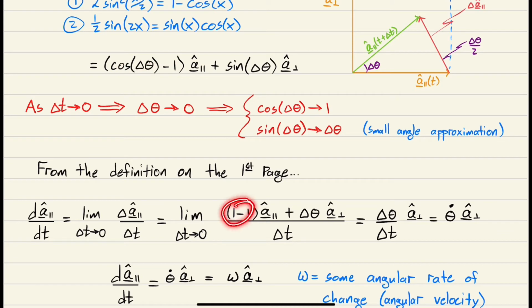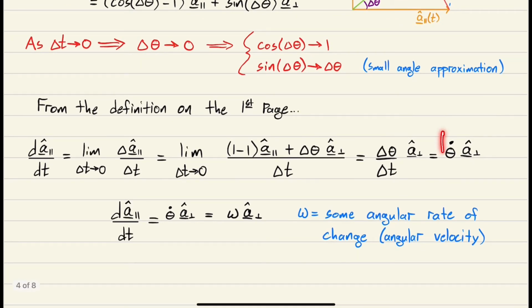So it's going to be 1 minus 1 in the a hat parallel, plus sine delta theta, which is going to approach delta theta, in the perpendicular direction, and that's going to be divided by our delta t. Now, what did we end up with here? Delta theta over delta t, right? Because this goes to 0, so all we're left with is delta theta. So delta theta over delta t, in the a hat perpendicular direction, is equal to theta dot. We ended up with an angular velocity here. Theta dot is an angular velocity. It's the rate of change of an angle.